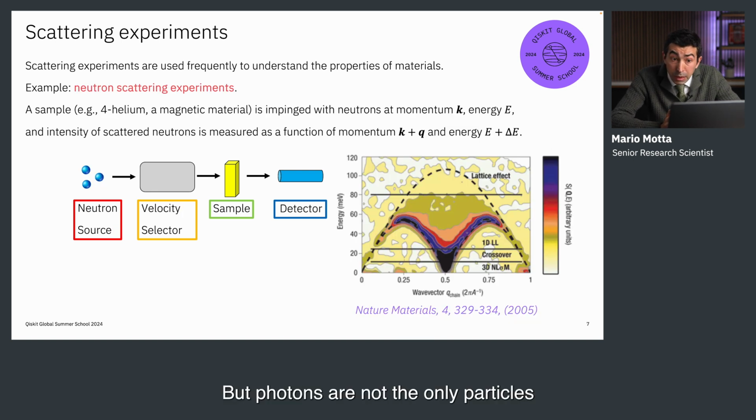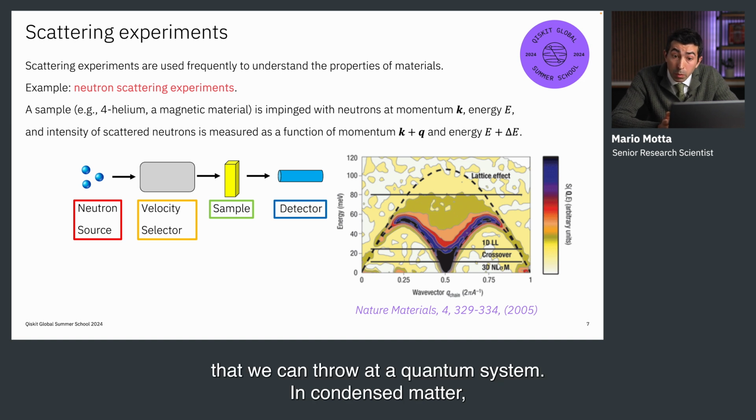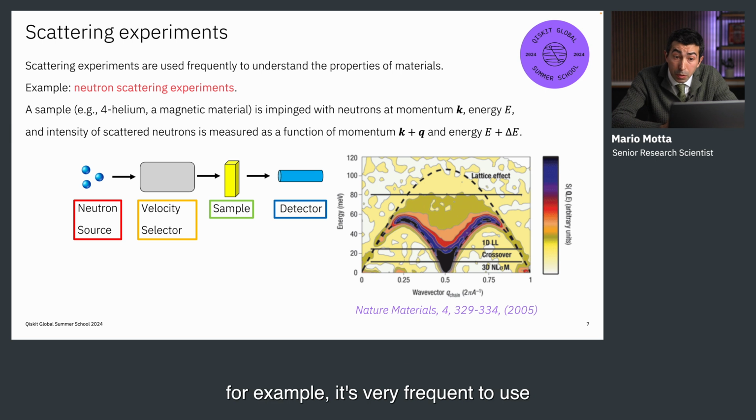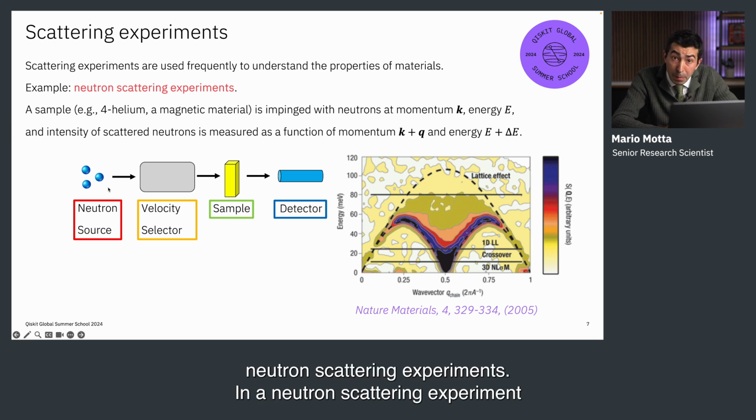But photons are not the only particles that we can throw at a quantum system. In condensed matter, for example, it's very frequent to use neutron scattering experiments.